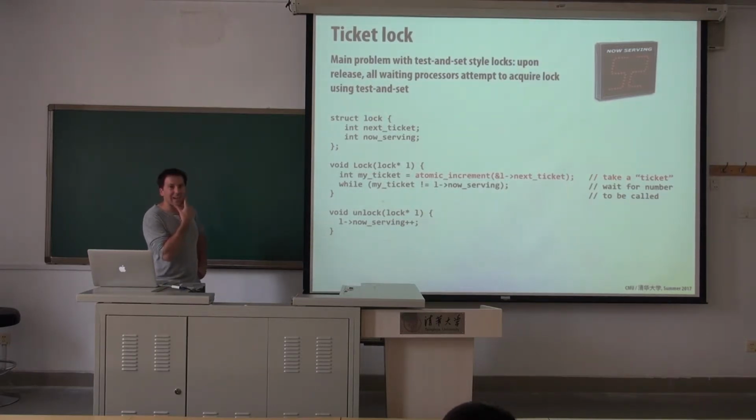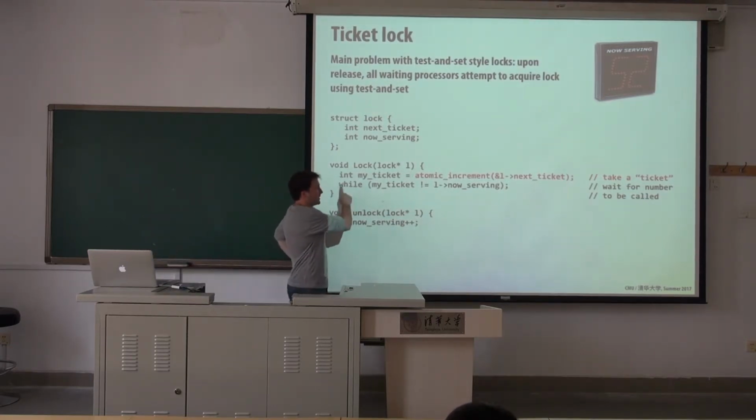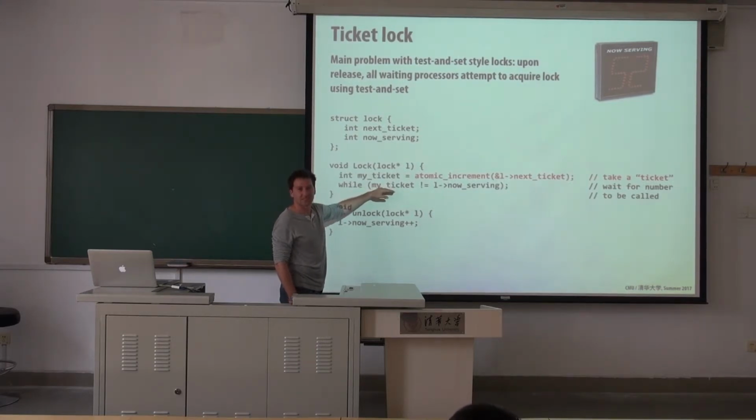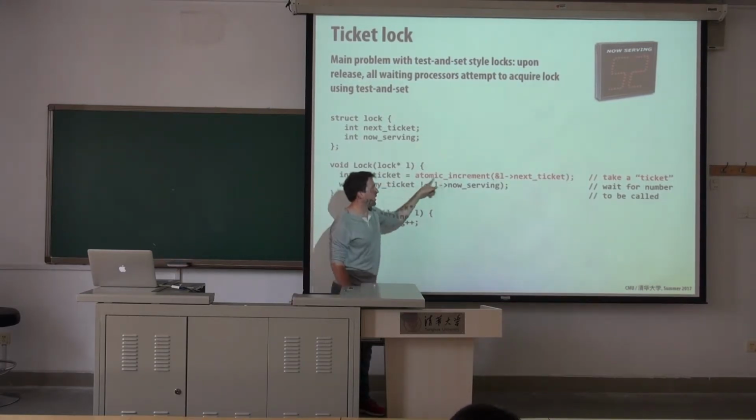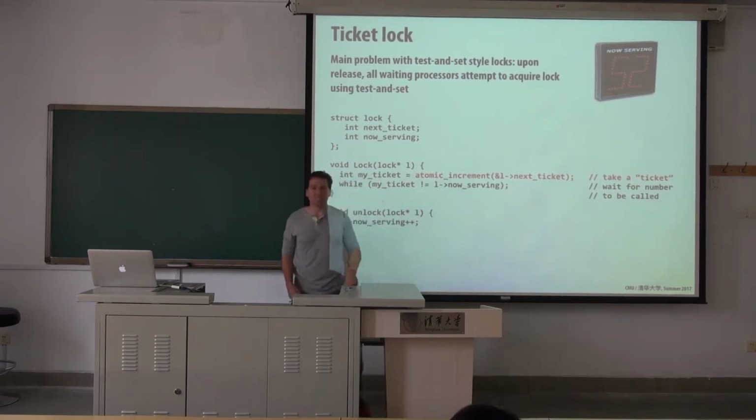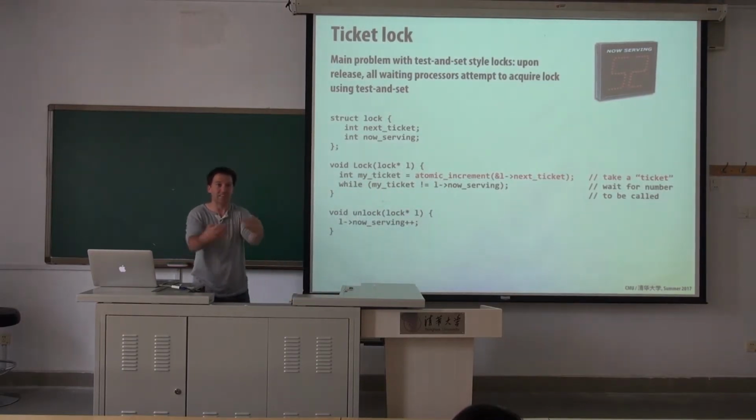So the nice thing now is that this is all reads. I never have to do a write to take the lock. I only do a write when I start waiting, and I never do another write again, because this is a read.